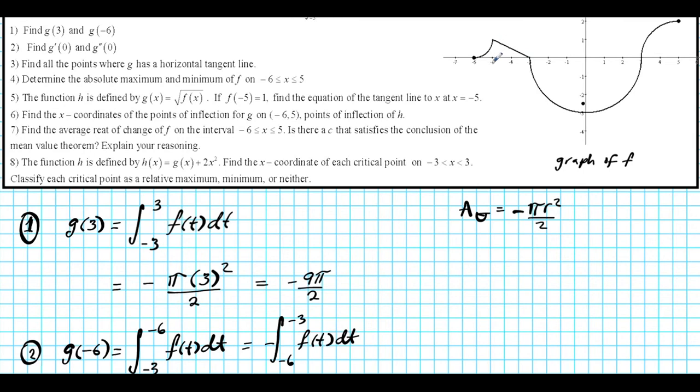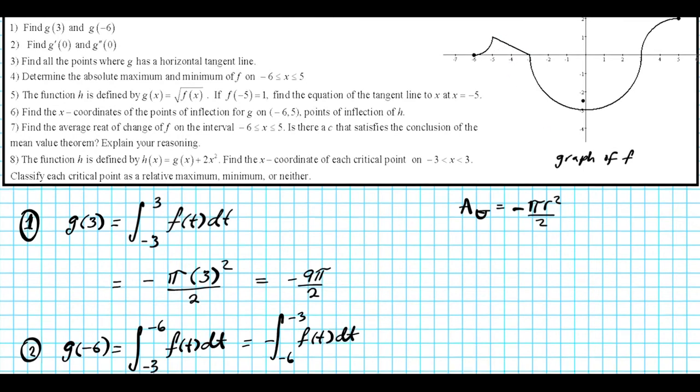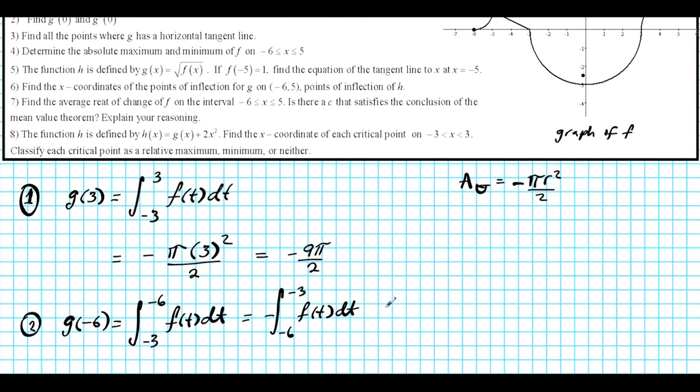We must divide it into two separate integrals, okay? So we're going to break it up into negative the integral from -6 to -5 for the quarter of a circle, plus the other one. But if I distribute this minus to the plus right here, it's going to make it a minus, okay?